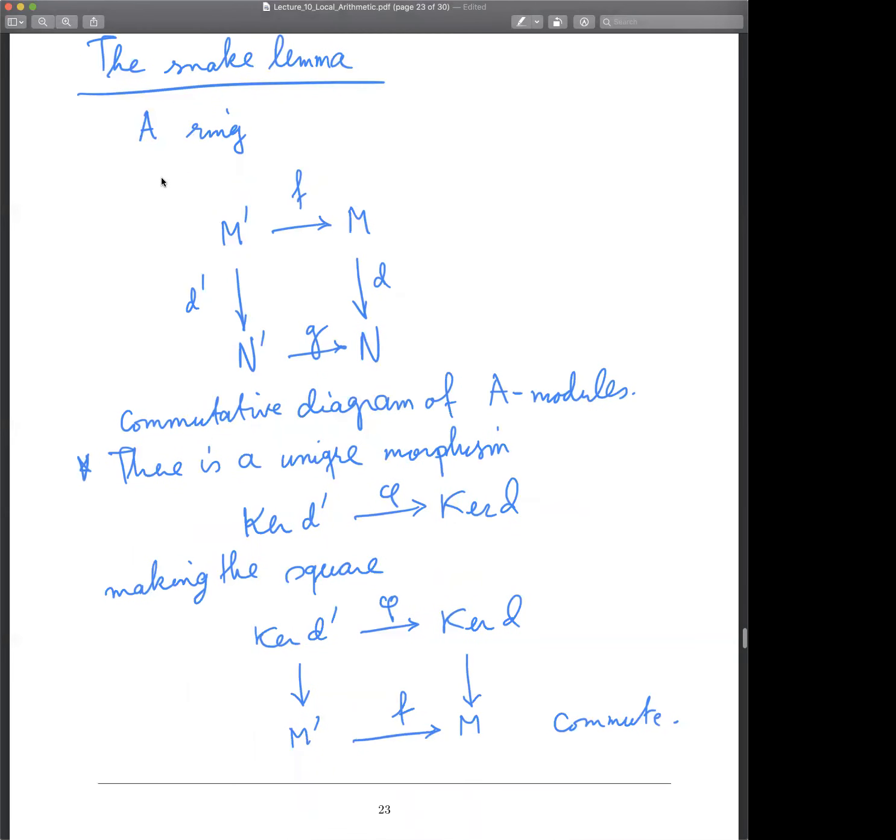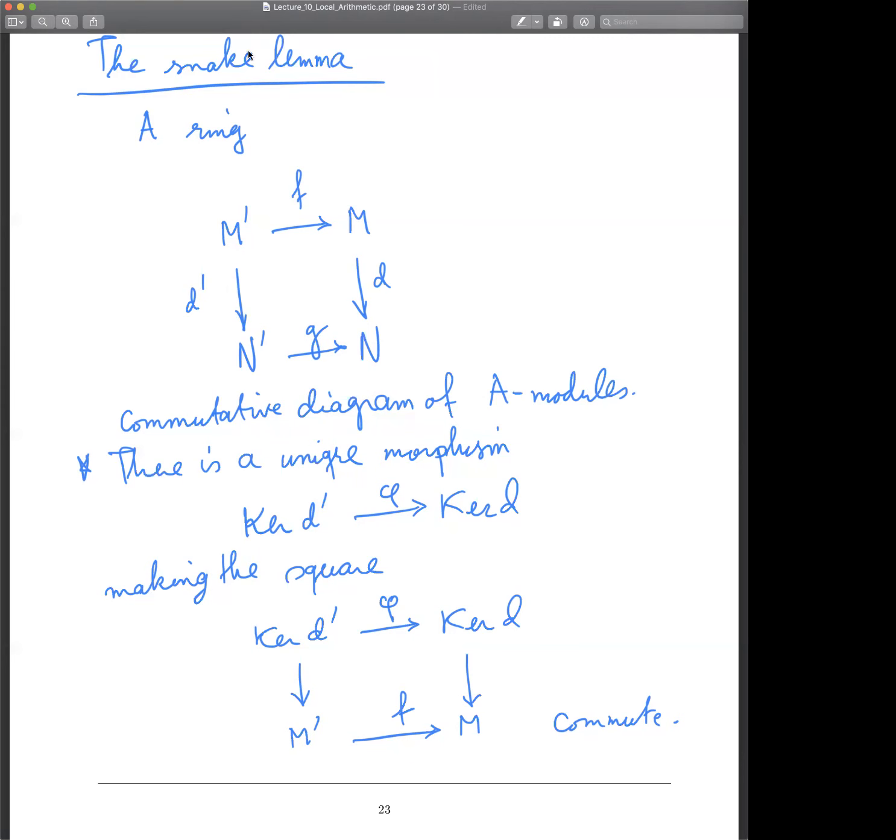So here you have an arbitrary ring. It doesn't even have to be commutative. And everything is going to be A modules and maps of A modules. All the objects are going to be A modules, and all the arrows are going to be morphisms of A modules.